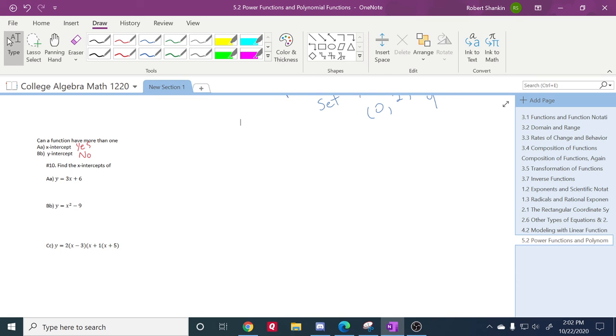All right, group 4. What's the x-intercept for A? Group 4, got anything? You can always pass. We'll pass. Okay. Group 6.